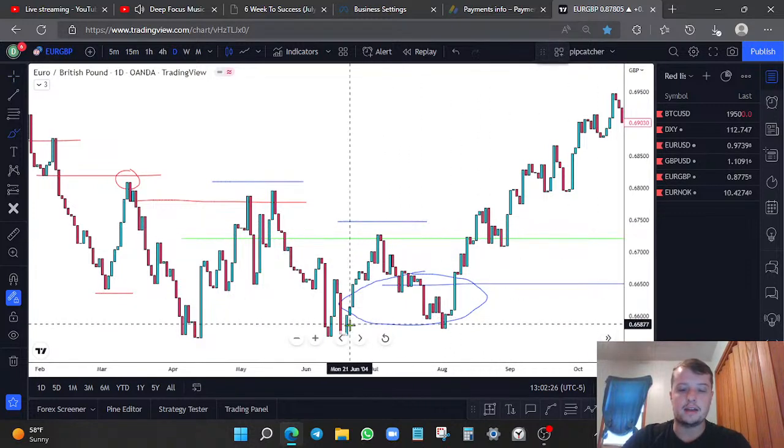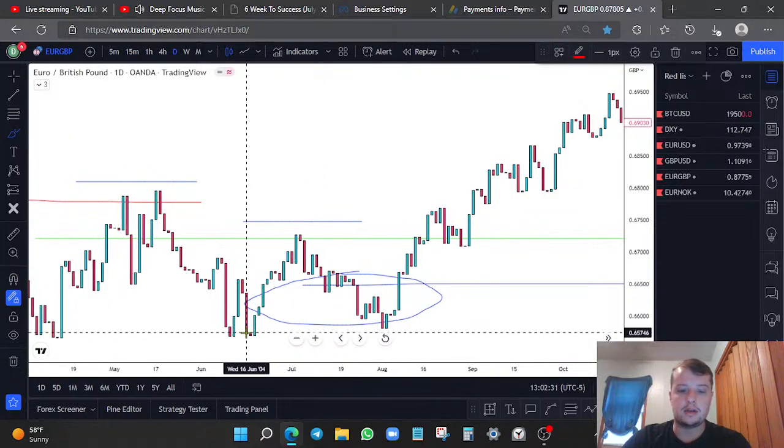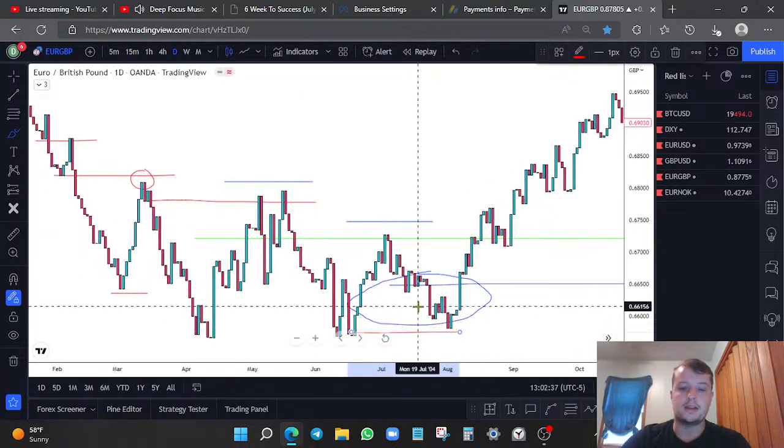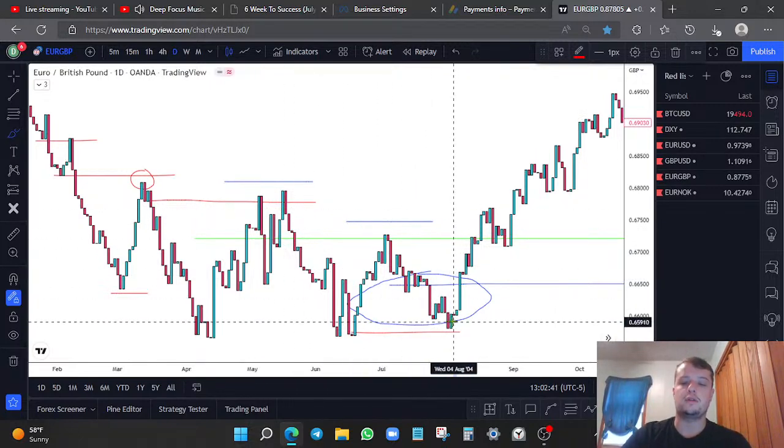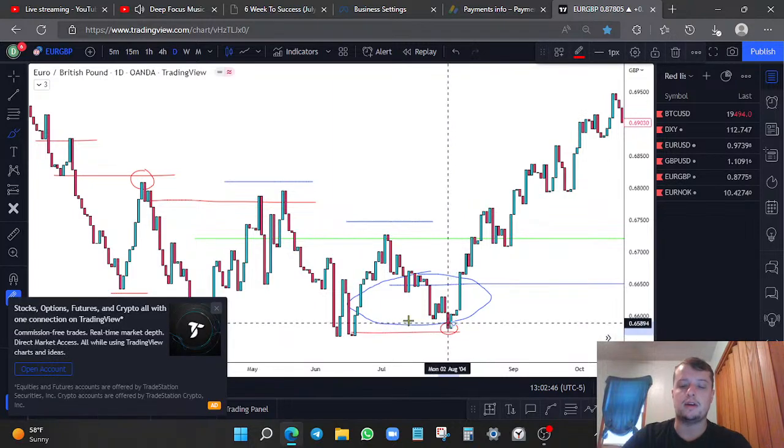Now I know this is hindsight, but if you look down here, there is a small candle right here. And like I said, guys, with the way the charts used to look, you have to imagine that there are wicks right here in this area.